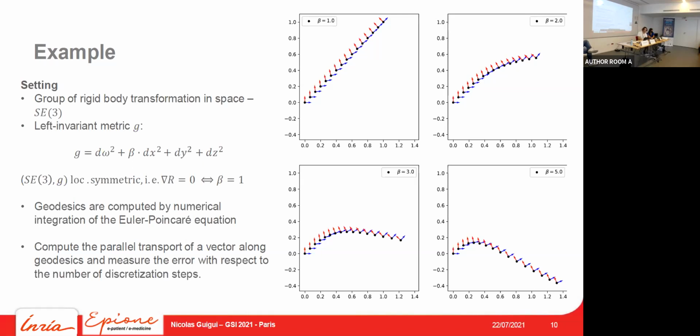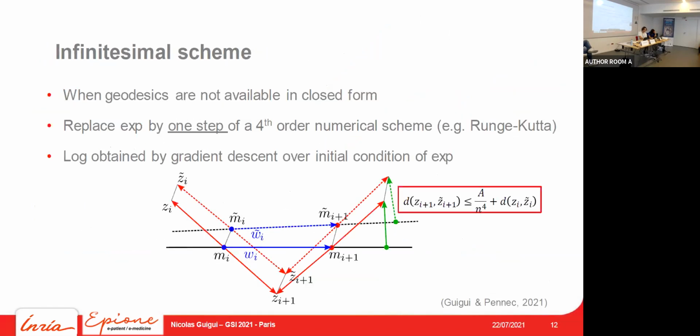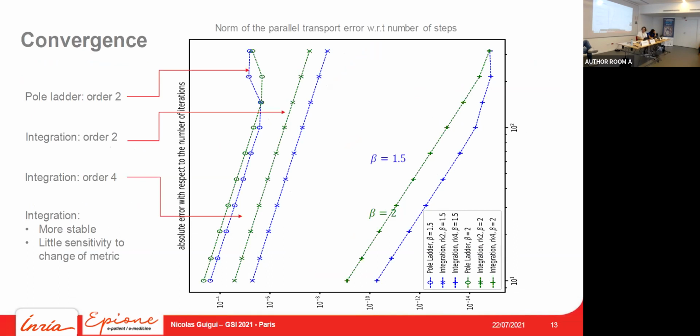Is it the same here? Because you show a performance result, but is it the speed against? No, so this is accuracy against the number of discretization steps that we use.